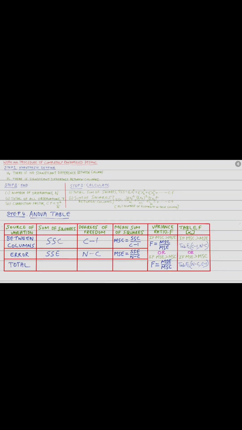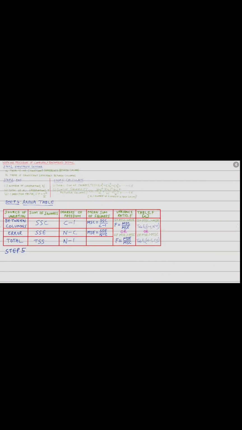If MSC is greater than MSE, then the table of F will be looked up for C minus 1, N minus C. Otherwise, the table of F will be looked up for N minus C, C minus 1. Here, the sum of SSC and SSE gives the total sum of squares, and N minus 1 is the degrees of freedom for total observations.